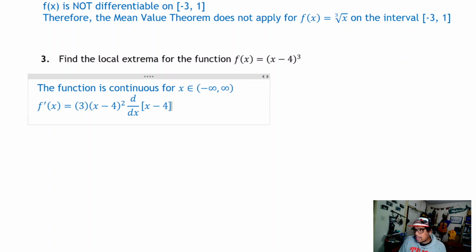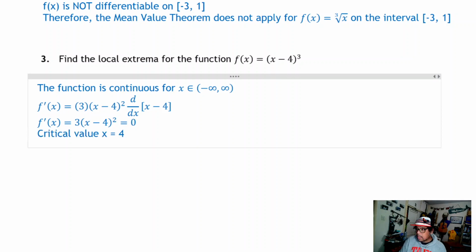Let's remember that the derivative of the cube of a function is always 3 times the function to the second power multiplied by the derivative of that function. So even if you're not thinking of it, you do have to figure out the derivative of x minus 4, which is, of course, just 1. So my derivative is 3 multiplied by the quantity x minus 4 to the second power. If I set that equal to 0, we get ourselves a critical value when x is equal to 4.